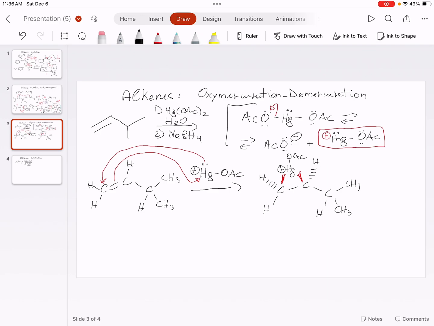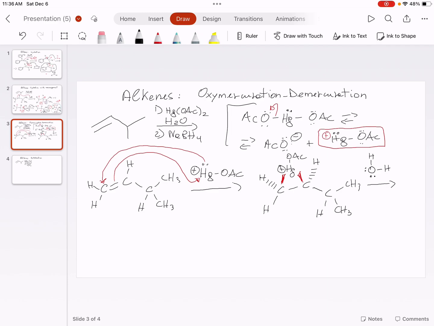Next step is the other one that is very important. So now the nucleophile comes in, and the nucleophile is water. Now, when reacting alkenes with a variety of reagents, you always are going to form these 3-member ring intermediates that are going to have a positive charge on one of the elements.